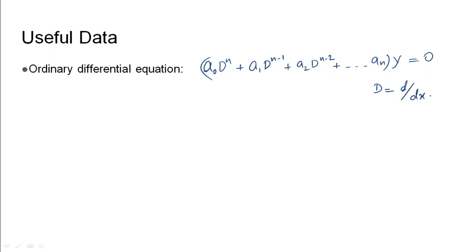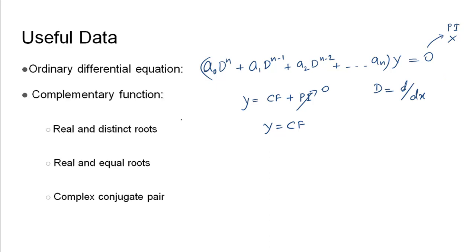For this case, the solution will be of the format complementary function plus particular integral. But in this case the right hand side is 0, so there will not be any particular integral, so this part will be 0. There will only be a complementary function whenever the right hand side of an ordinary differential equation is 0.